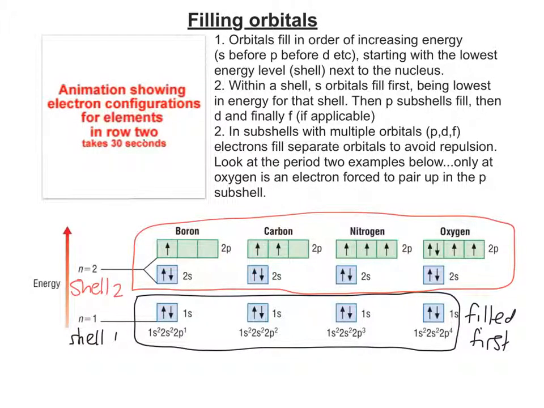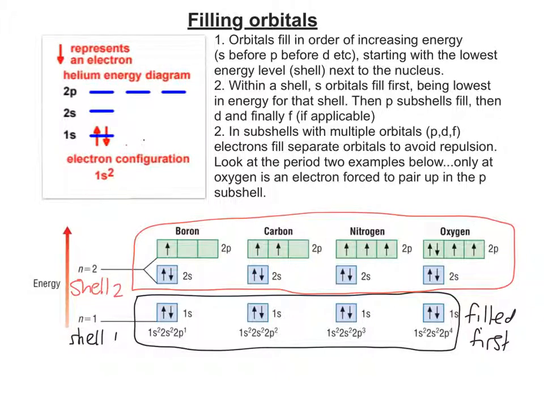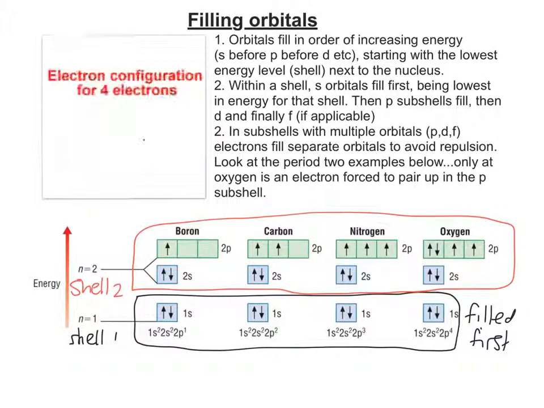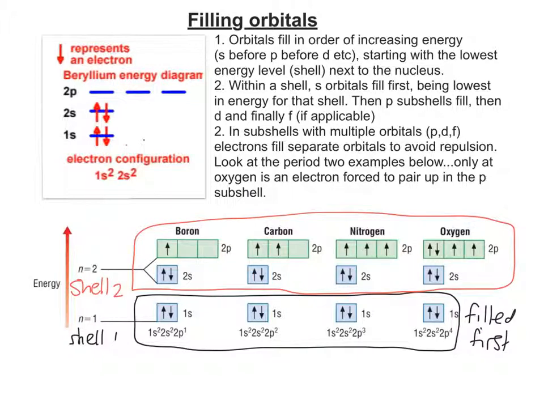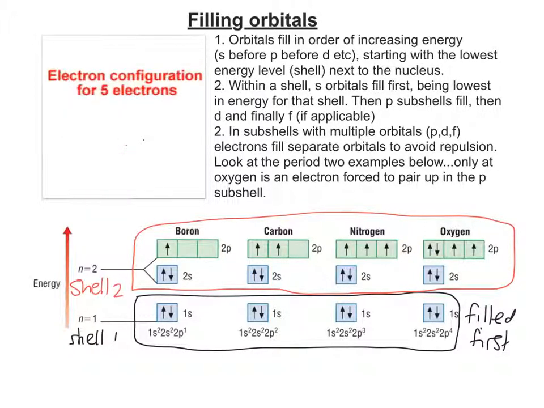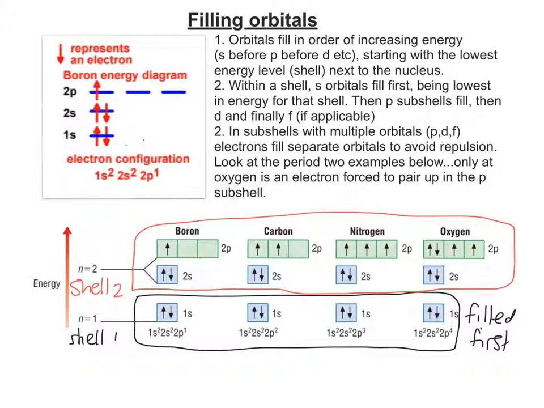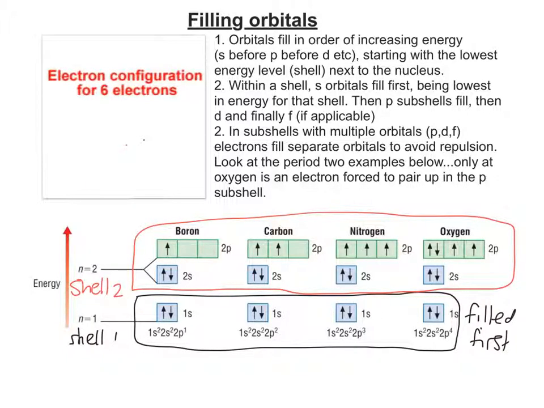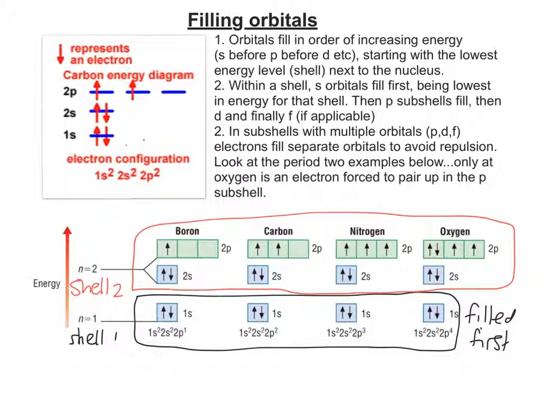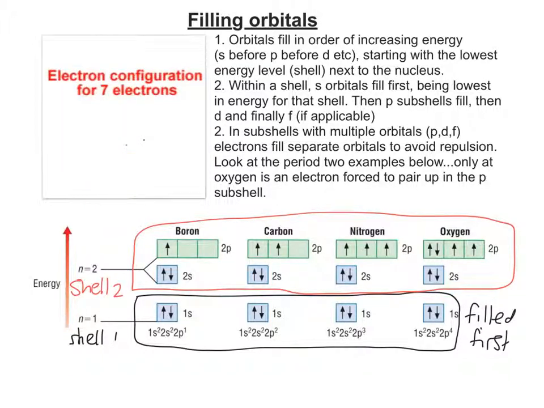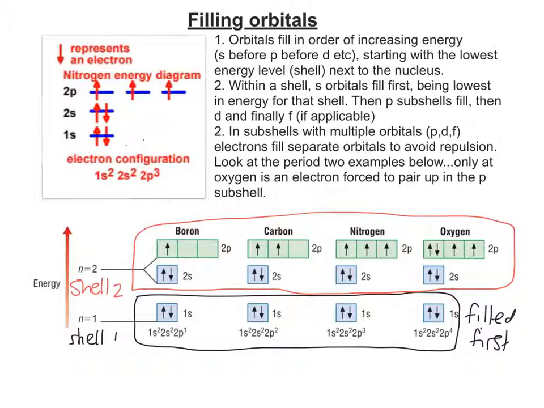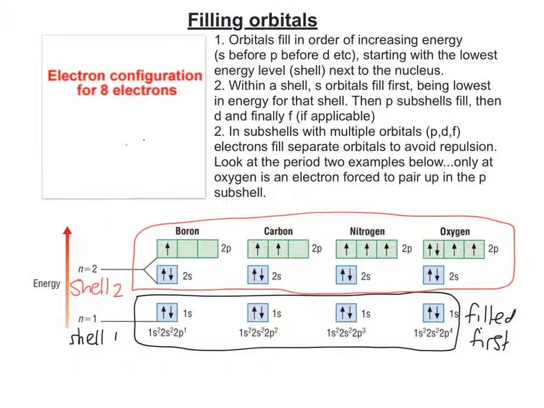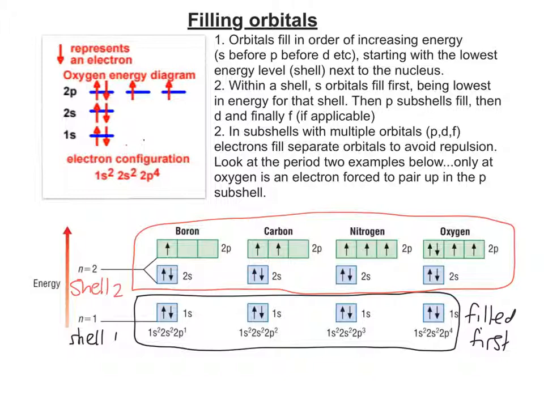So let's start with row 2 at the beginning. For 2 electrons, helium, you have them in 1s2. Then 1s2, 2s1 for lithium, 1s2, 2s2 for beryllium, 1s2, 2s2, 2p1 for boron, 1s2, 2s2, 2p2 for carbon, 1s2, 2s2, 2p3 for nitrogen, and 1s2, 2s2, 2p4 for oxygen.